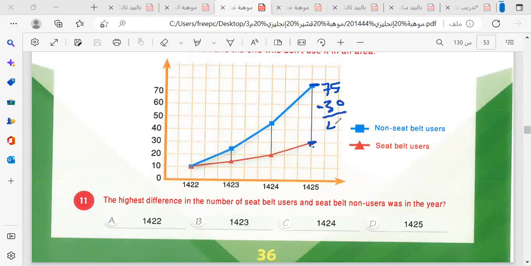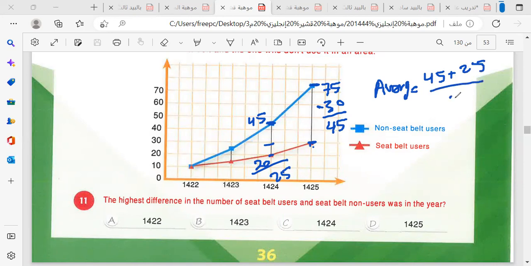It is 45. Also here, it is 45 minus 20, equals 25, right? Then you find the average. The average will be 45 plus 25 divided by 2. So when you add, 70 divided by 2 equals 35.